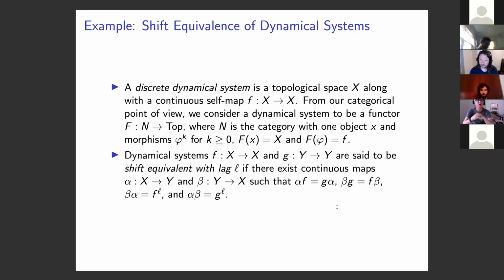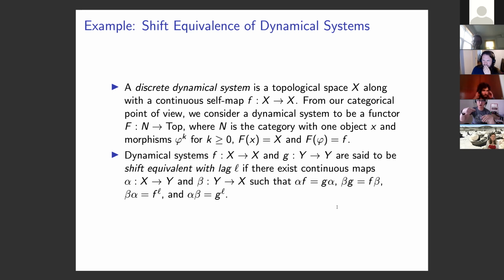So a discrete dynamical system, and what is on this page is basically the sum total of my knowledge of discrete dynamical systems, okay? So it's a total space X along with a self map. As you iterate it, you have a system evolving, okay?